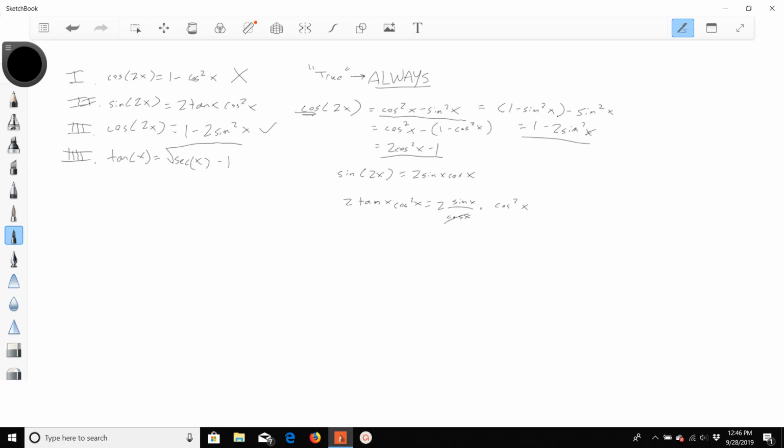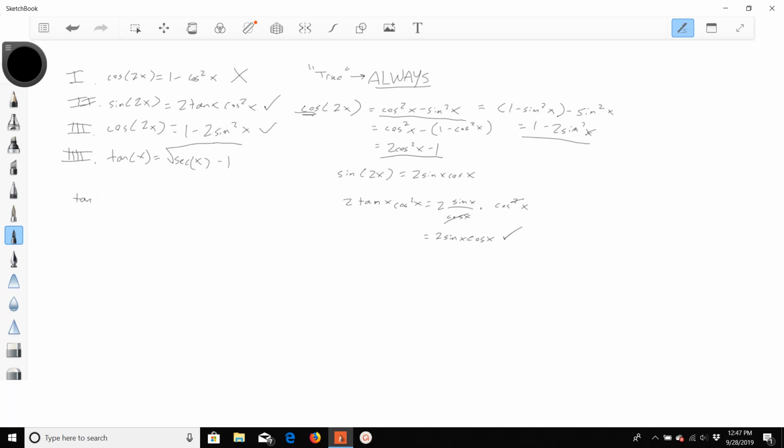And one of these copies of cosine x is going to cancel with one of those copies of cosine x, leaving just one cosine x left. So we're going to get 2 sine x cosine x, which is true. So this is true.